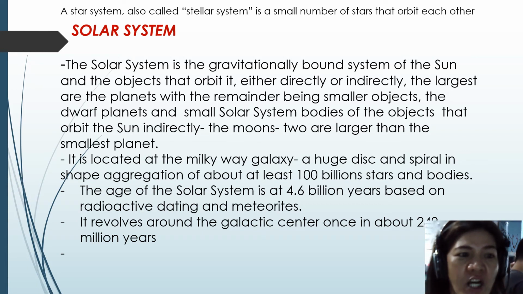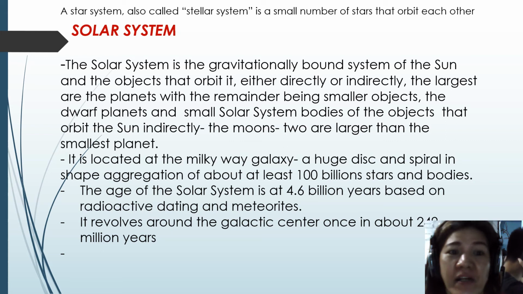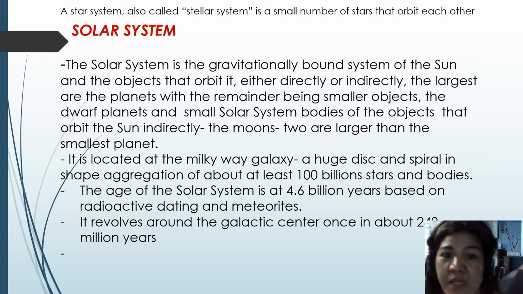The largest are the planets, with the remainder being smaller objects: the dwarf planets and the small solar system bodies. Of the objects that orbit the sun indirectly, the moons, two are larger than the smallest planet.